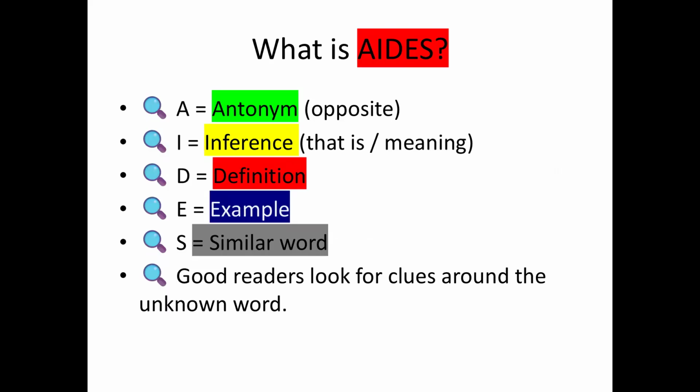What is AIDS? A is for antonym. I is for inference. D is for definition. E is for example.